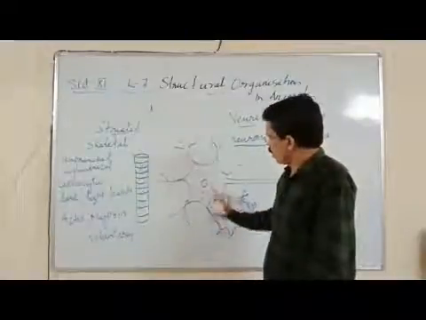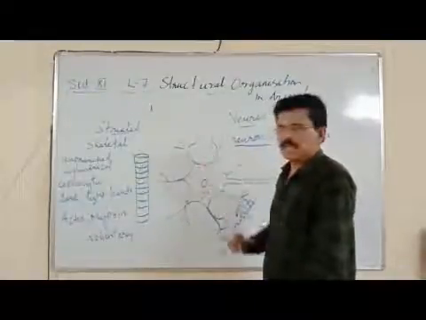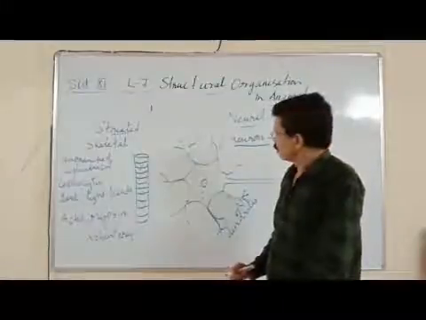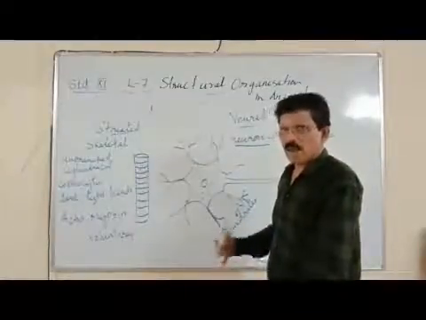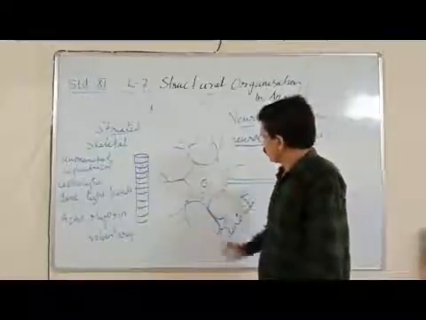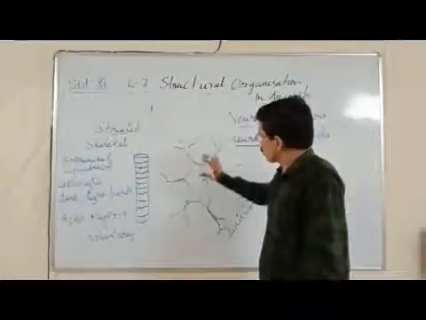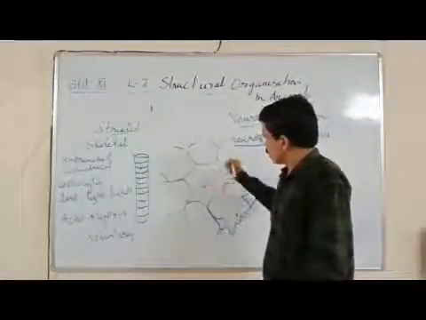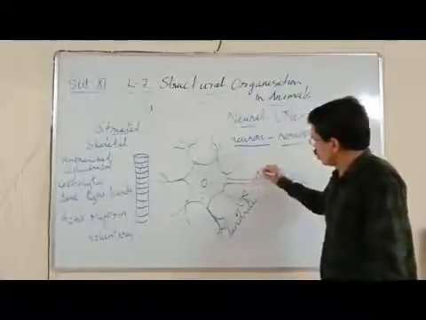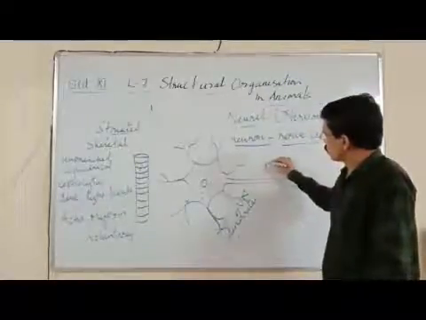So the cell body receives all the sensory impulses coming from the sense organs, which in turn contain the dendrite tips.